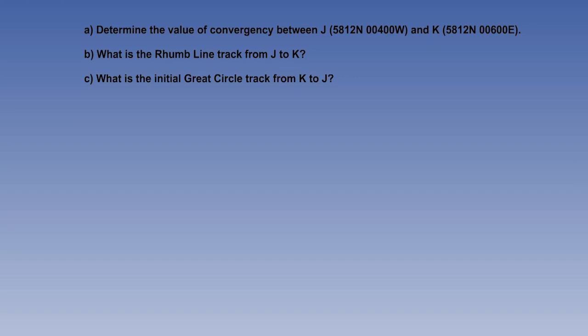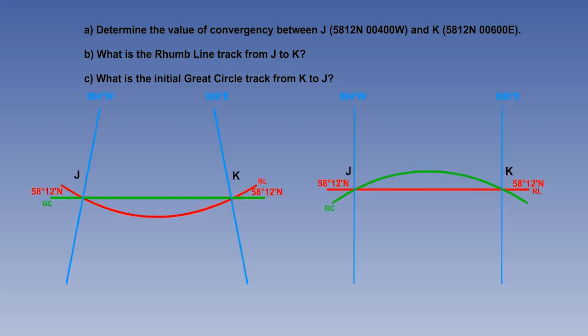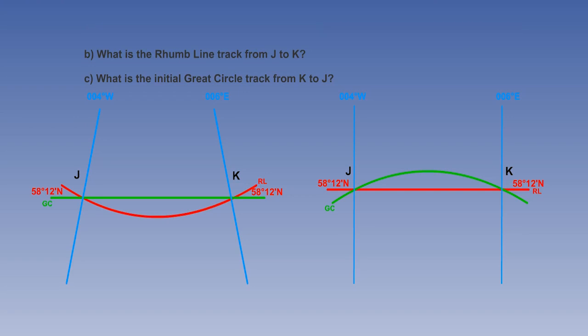Then, what is the rhumb line track from J to K? Finally, what is the initial great circle track from K to J? As always, try to visualize the situation. Draw a diagram. Either of these will do. Let's solve the first question first. What are you going to do?